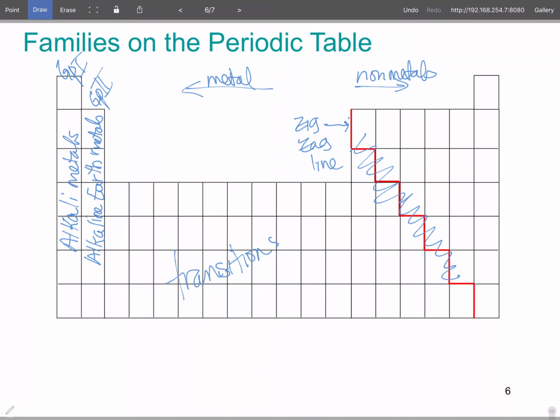So we're going to go ahead and go backwards here. These are the noble gases, or the inert gases, and they're called that because they don't react. Again, more about that later. The group starting with fluorine on down, these are the halogens. The halogens are a unique family.